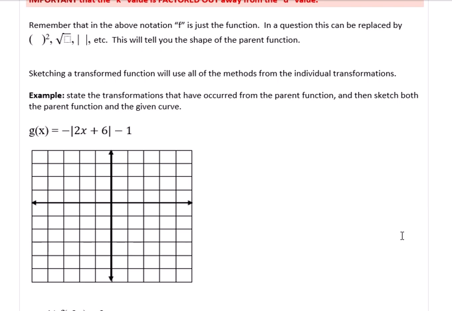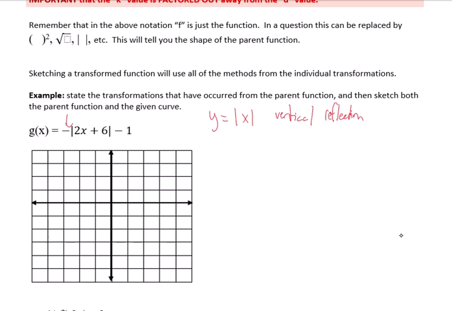So here, I already can see that I have an absolute value function. So now my parent function is y equals the absolute value of x. And I need to state my transformations here. I have a vertical reflection from the negative.